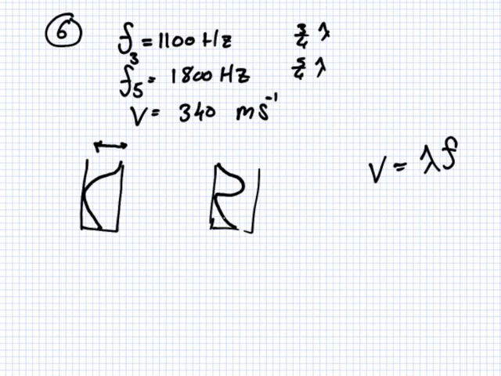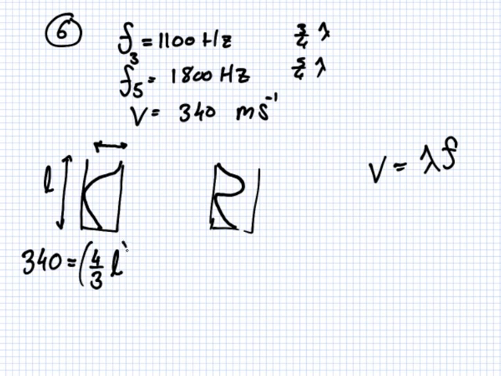So if you were to use that, you would say, here I get 340 equals, and we'll call the pipe's distance here to here L. So the wavelength would be 4/3 L. Yeah, L equals 3 over 4 lambda, so the lambda is 4 over 3 L, times the frequency.